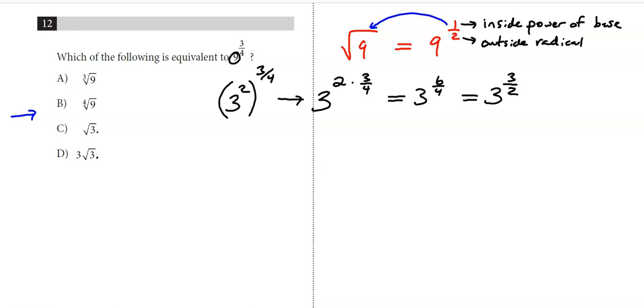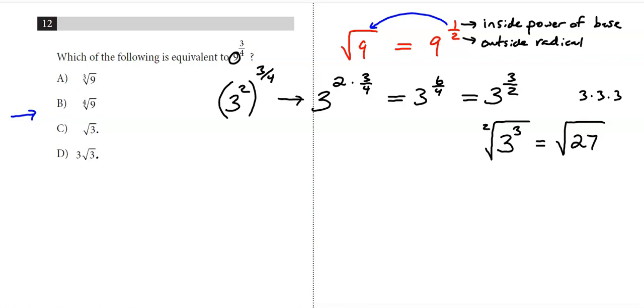So now I'm going to use my rule. I'm going to put my base of 3, my top number inside, my bottom number outside. So we're talking about the square root. And I look over and I still don't see it as an answer. But this is really just the square root of 3 to the 3rd power. 3 times 3 times 3 is 27.